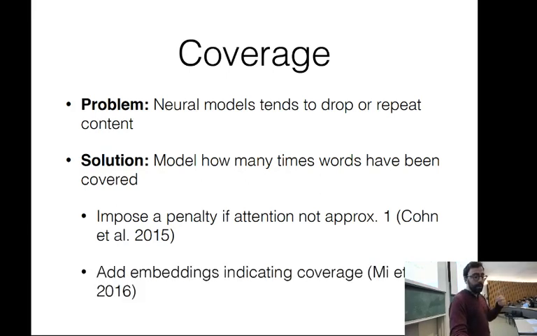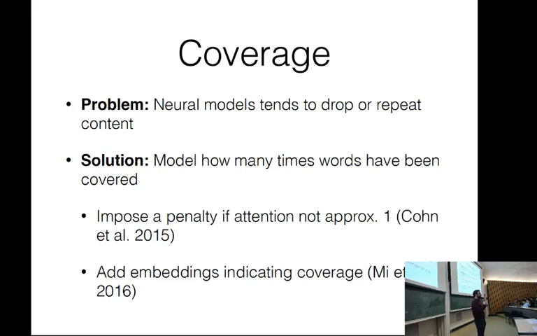So that's one way. The other way, by me and others, is having an explicit embedding that indicates coverage that you take into account when you compute the attention weights. You start with an embedding weight of 1 for all the source words, and you want that when you're done generating the sentence, that embedding will be down to 0.